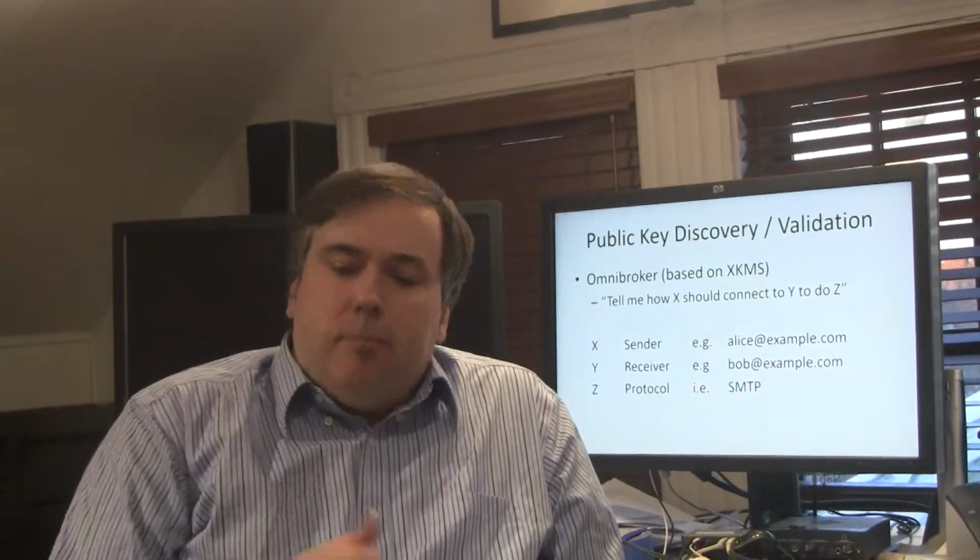So for public key discovery and validation, we're going to be using a protocol called OmniBroker that I've been working on for over a year now, and that's based on a much older protocol called XKMS, which I worked on with some folk in the World Wide Web Consortium. In XKMS, you would ask questions like, give me the key to send an email message to Fred.